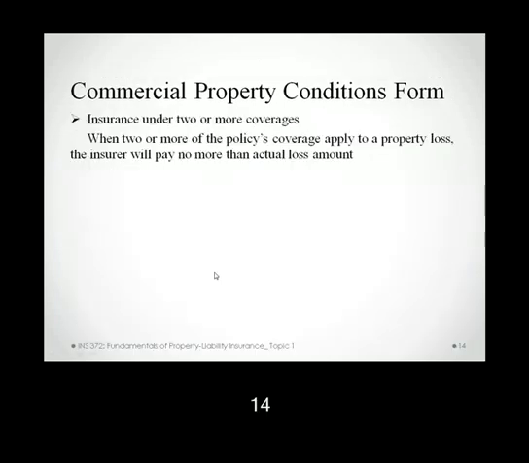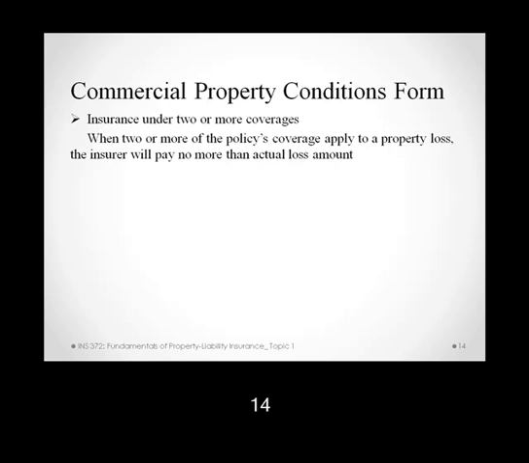The first thing we're going to talk about is insurance under 2 or more coverages. Chances are, sometimes one item can be insured by 2 different policies. For example, if you rent a car, if your own car is covered by physical damage, then your rental car should also be automatically covered.